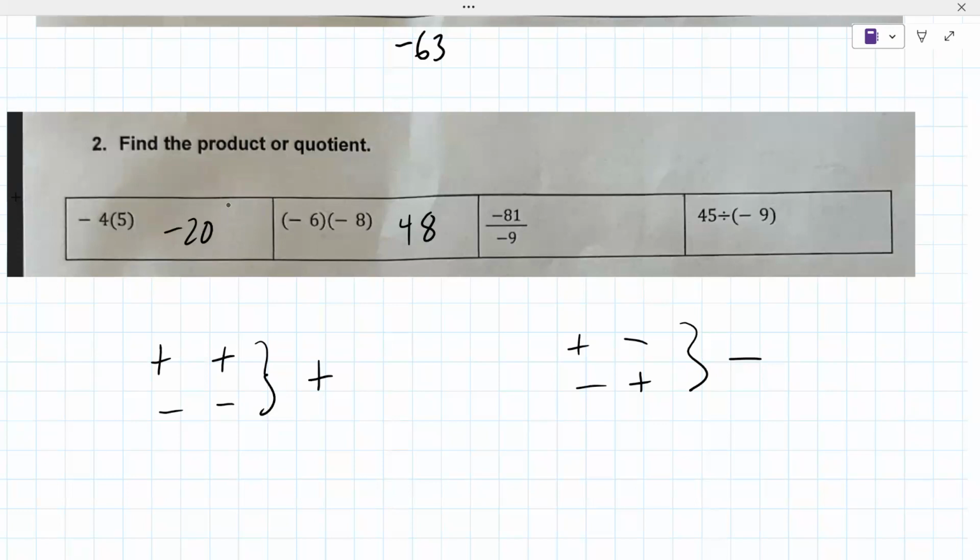So what would we call 9? Good. Next one, 5 divided by 9. That would equal negative 5. Good.